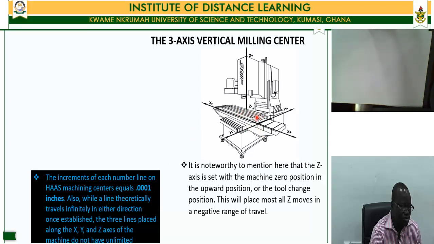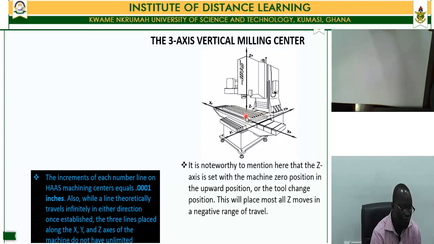When you look at the CNC milling center for this typical vertical axis mill, and for most CNC mills, if you take the Haas CNC mill we're looking at, the number line on each axis, that is the increments that you can travel, if the work table is supposed to move in increments, is equal to 1,000th of an inch.